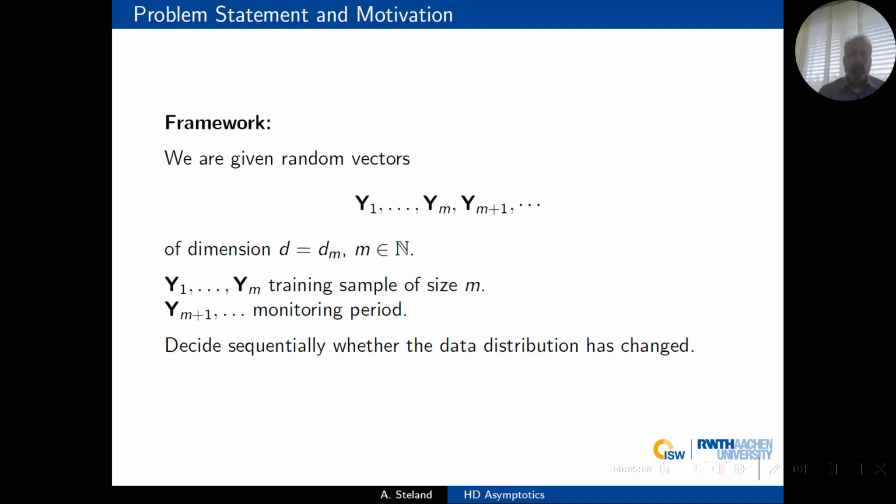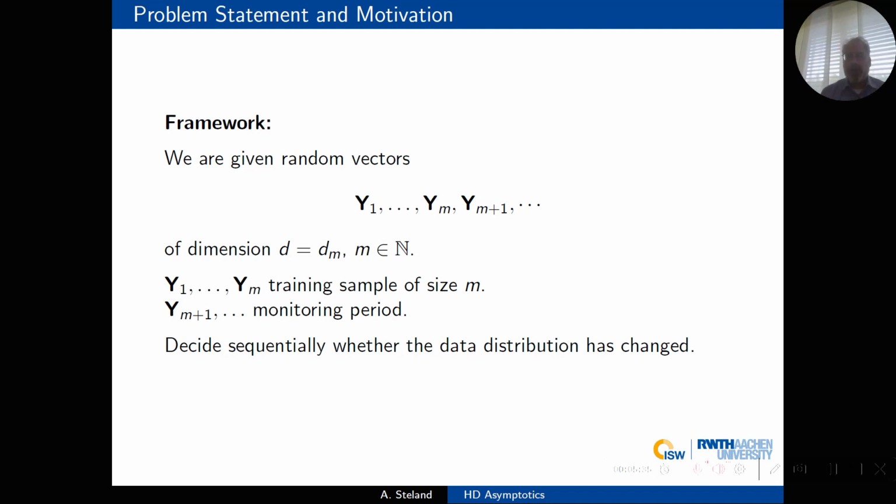So the framework we are considering is as follows. We assume that we are given random vectors y1 to ym, then ym plus 1, and so forth, of dimension d. And the idea is that all available data of each observation is collected in this random vector. For example, by stacking rows or columns of image data and so forth.